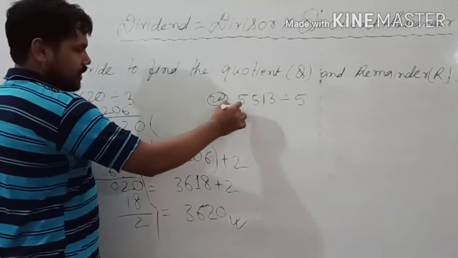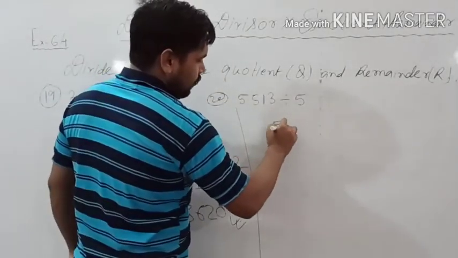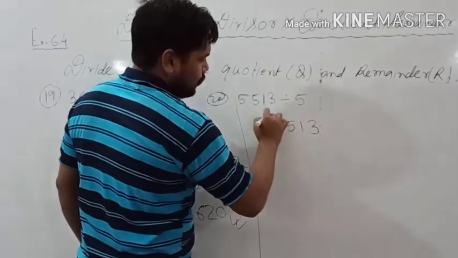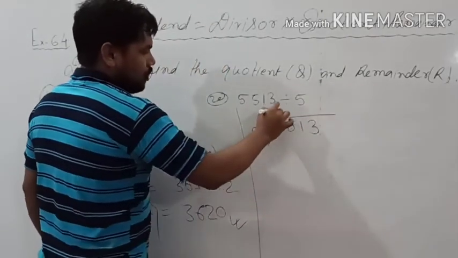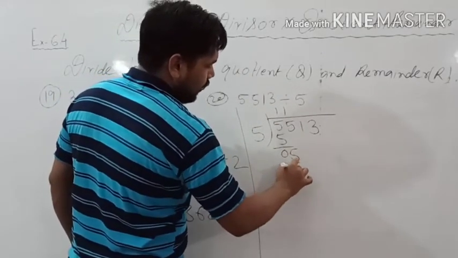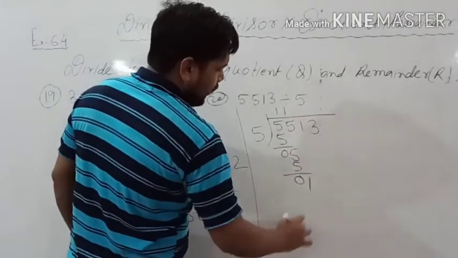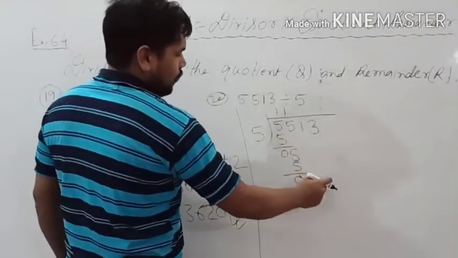So now the same thing we will do with this also. 5 5 1 3 we have to divide by 5. 5 ones are 5, 0. Now 1 I have taken, so 1 is smaller than this, so again we have to take one more digit.